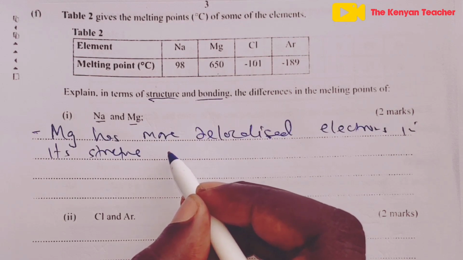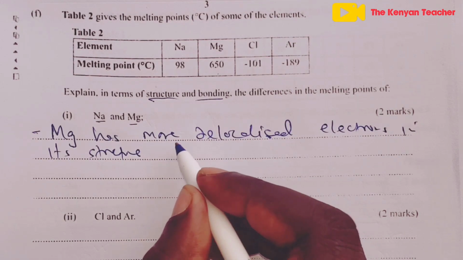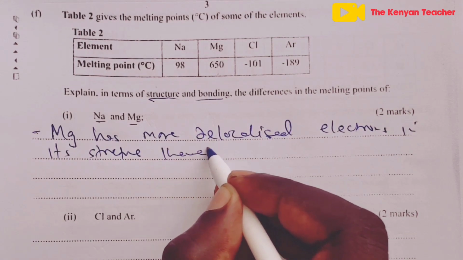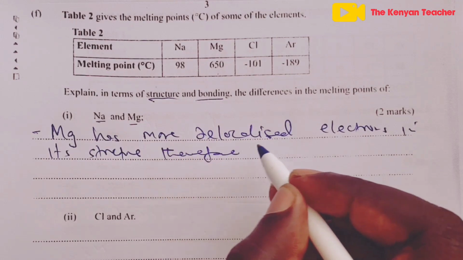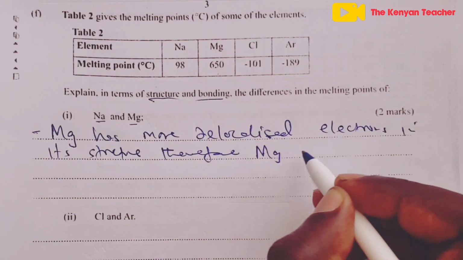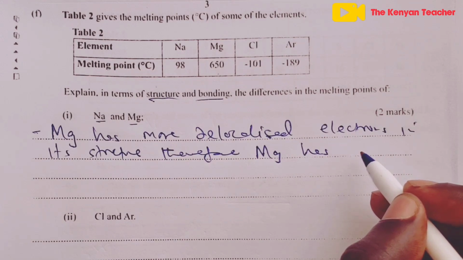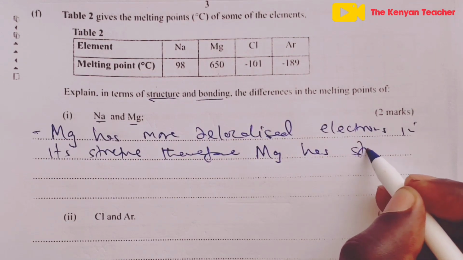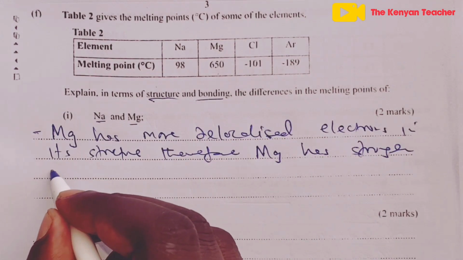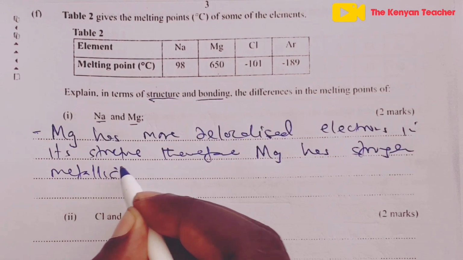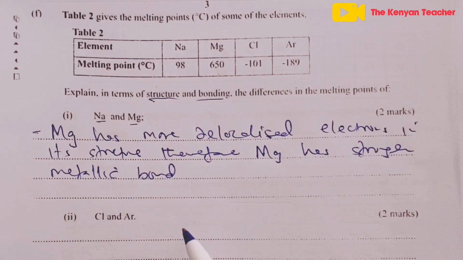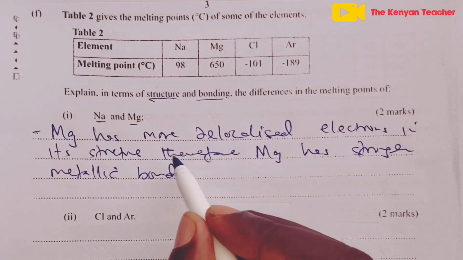So because it has more delocalized electrons in its structure than sodium, it has stronger metallic bond. Of course, this was very well explained in Form 2, that strength of the metallic bond depends on the number of delocalized electrons. The more they are, the stronger the bonds.